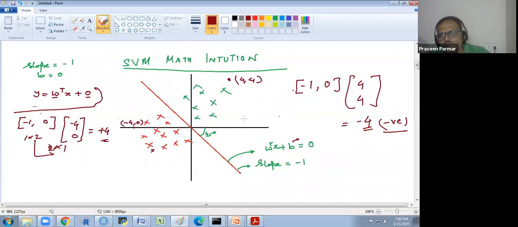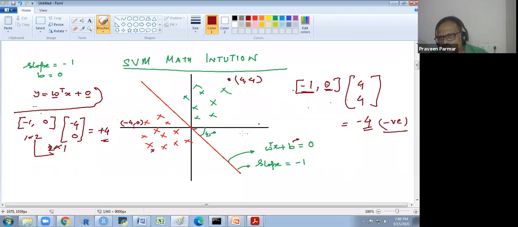Because you always get the x value positive in this side. When you get the positive x value, it will always multiply by this negative 1. And this would be 0 always.